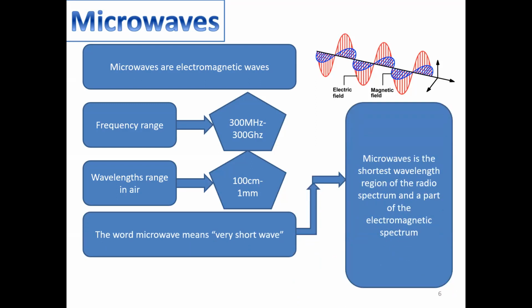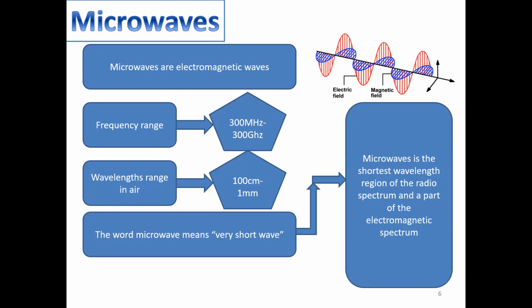Microwave means very short wave. So if you look at the definition, microwave is the shortest wavelength region of the radio spectrum and a part of the electromagnetic spectrum.